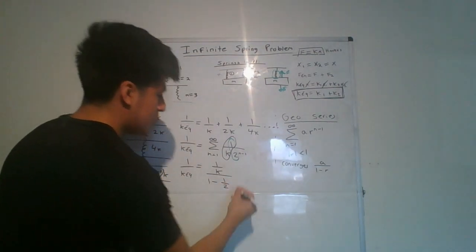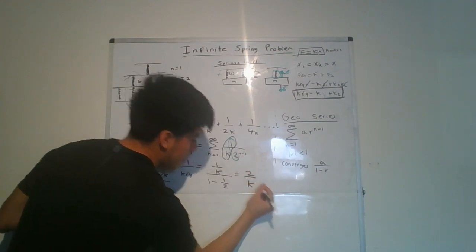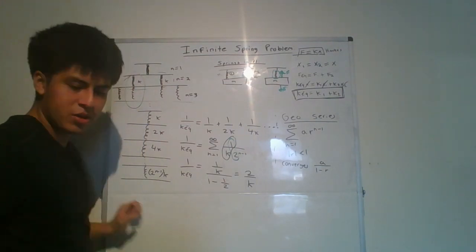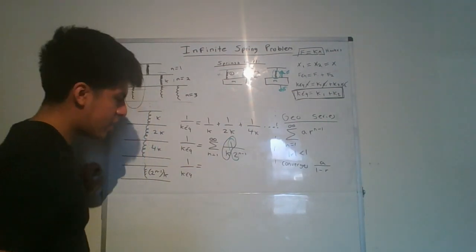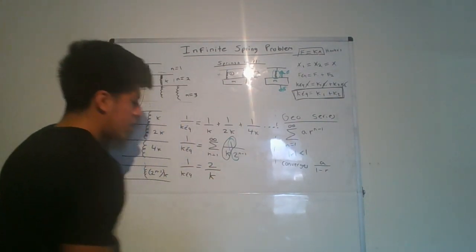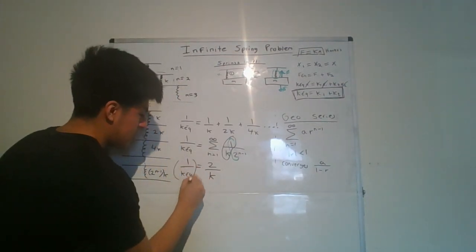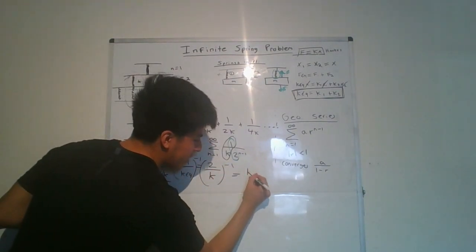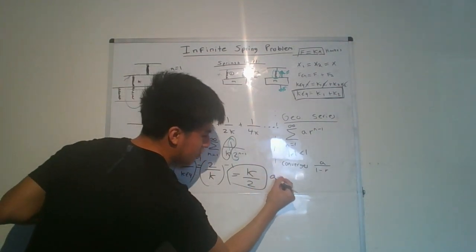And this gives us 2 divided by k. So we have this over here, and I'm just going to simplify this. So we have 1 divided by k equivalent is equal to 2 divided by k. And all we have to do now is just raise it to the minus 1. And this gives us that our final answer is equal to 1/2 of k, which is the multiple choice A.